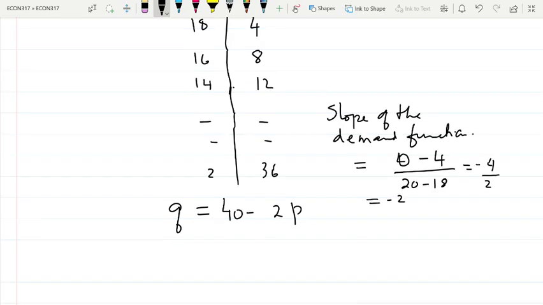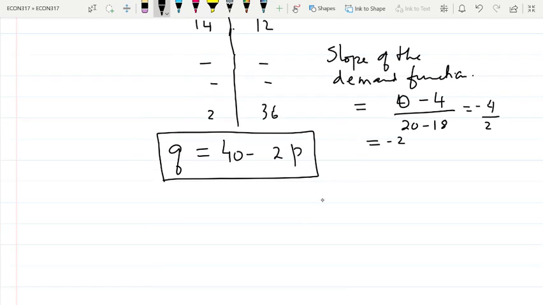And we could say this formula describes the information given in this table, based on which I could also draw the inverse demand function. I have Q on the horizontal, P on the vertical.